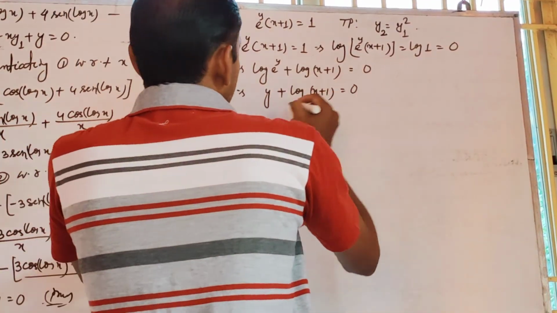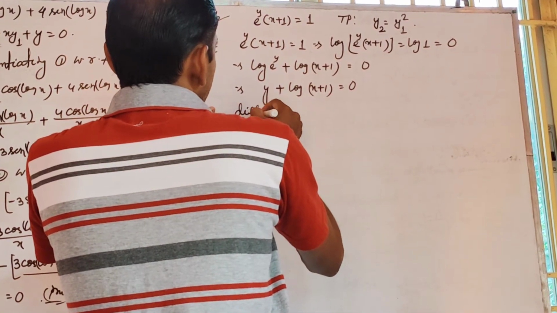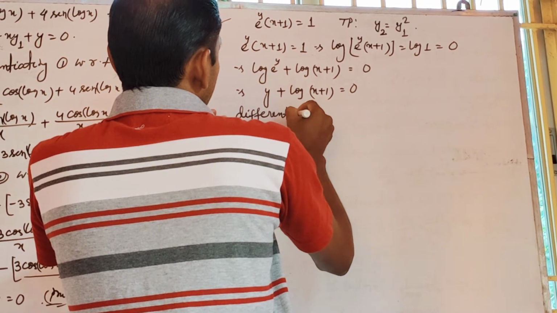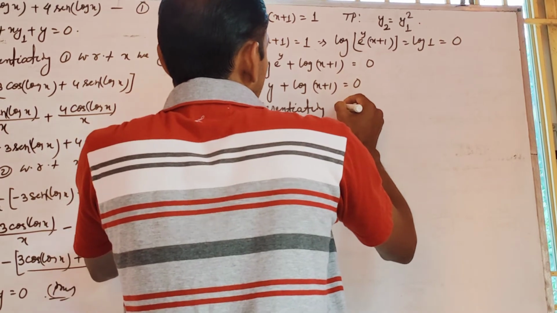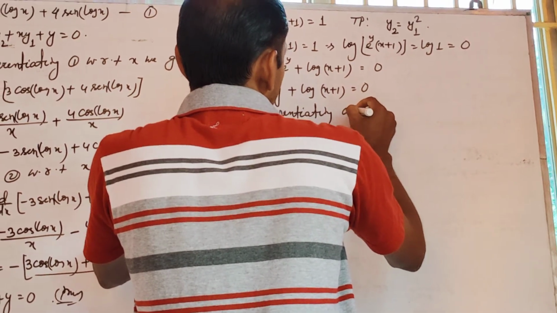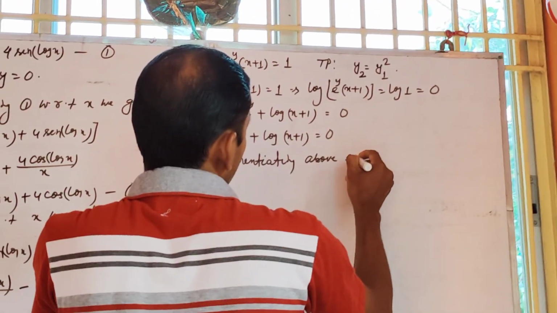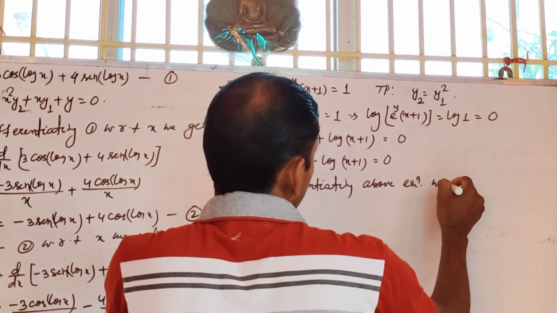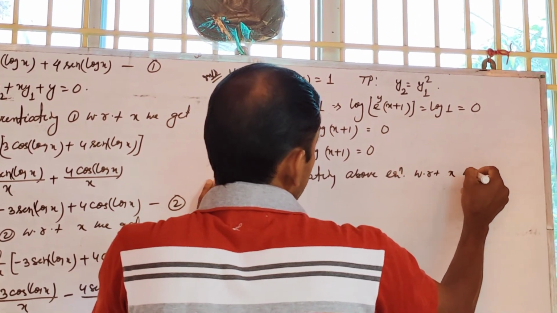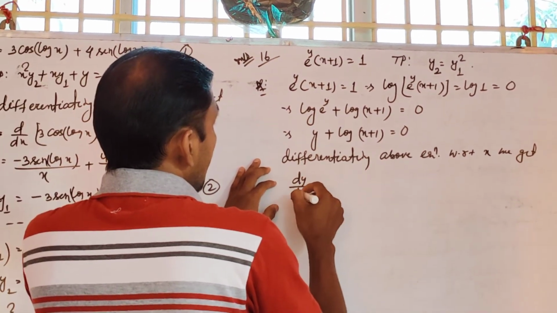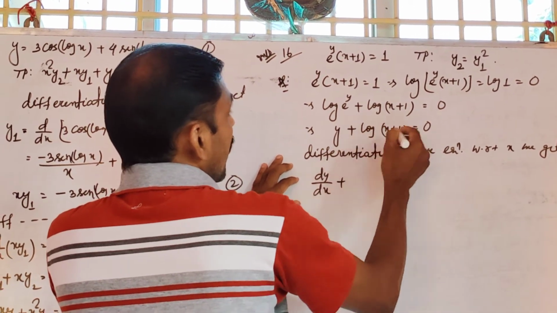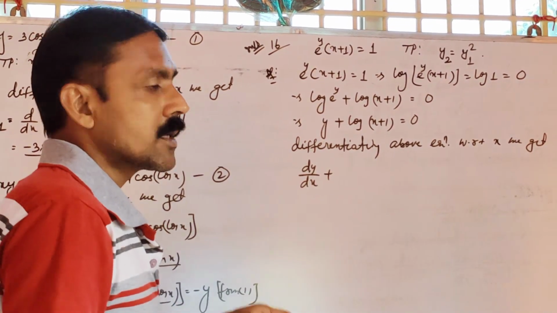Now differentiating the above equation with respect to x, we get dy by dx plus derivative of log x plus 1.